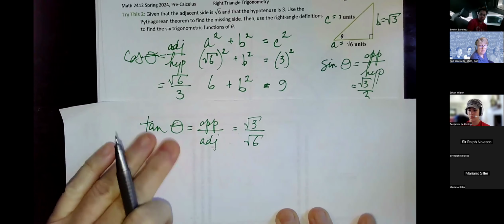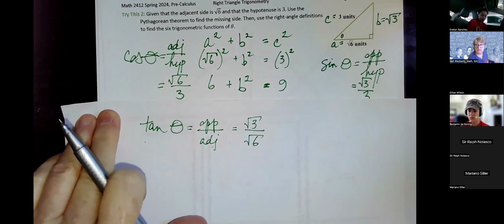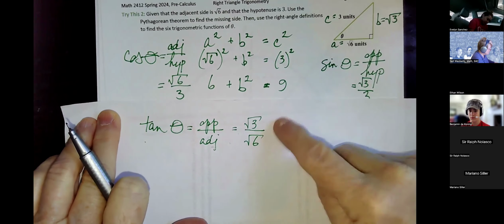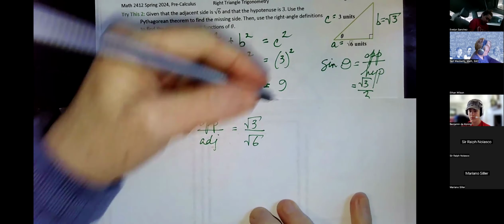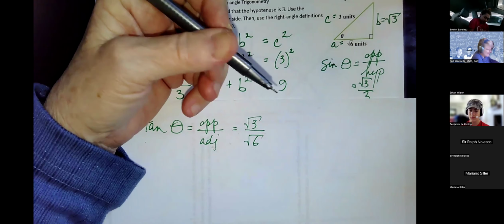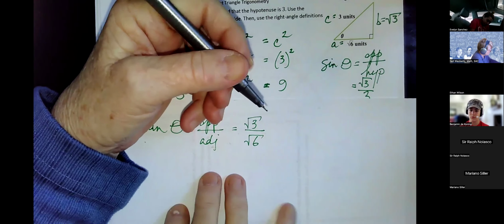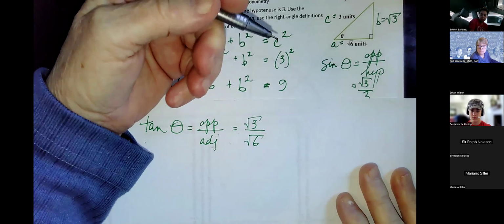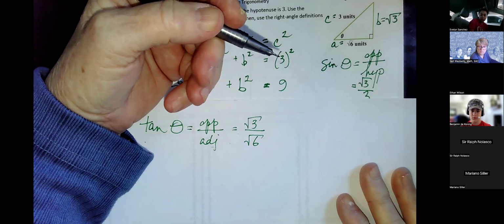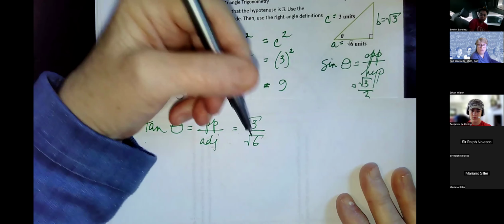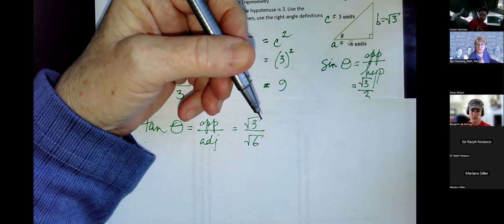And here, we're not as simplified as we could be because we have two root symbols. So how do we rationalize, in other words, how do we get rid of one of those root symbols? Do we square the fraction? We can't square the fraction because that will change it.